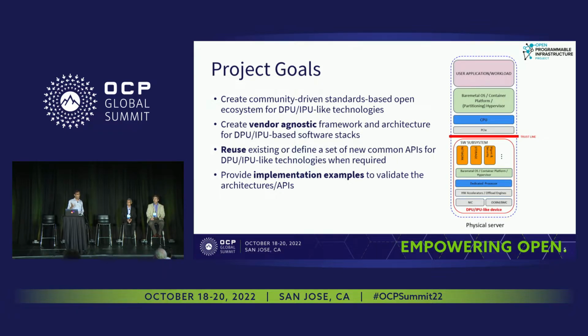We are trying to make sure that we are creating community-driven, vendor-agnostic APIs for some of the functionality and some of the offloads that we want to place on these DPUs and IPUs. One of the core tenets is also to reuse what is out there.